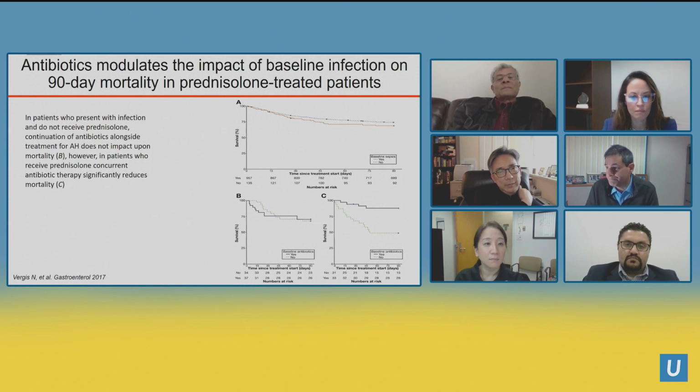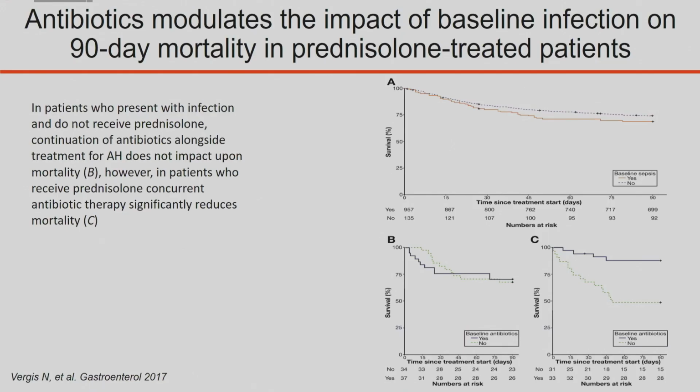It hasn't been well studied. This is a very, very nice study that was published 3 years ago. Basically what it highlights, like Gina and Bishoy said, is that follow-up is very important because people do better when they're on prednisolone and taking concurrent antibiotics. It suggests that what impacts our long-term mortality rate, besides underlying liver disease, is this risk of infection.